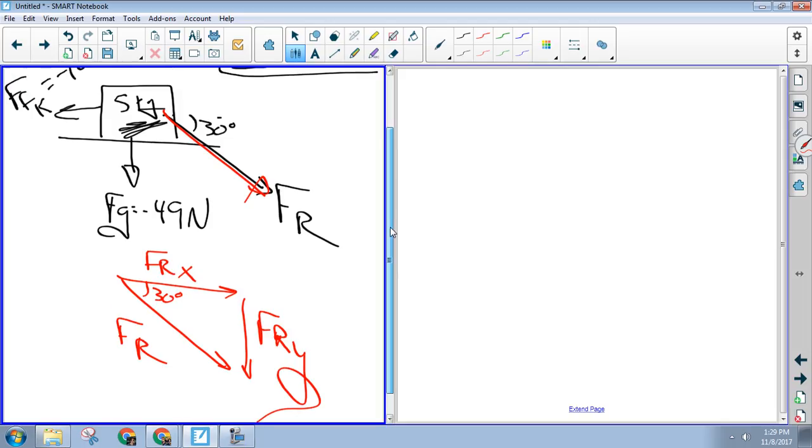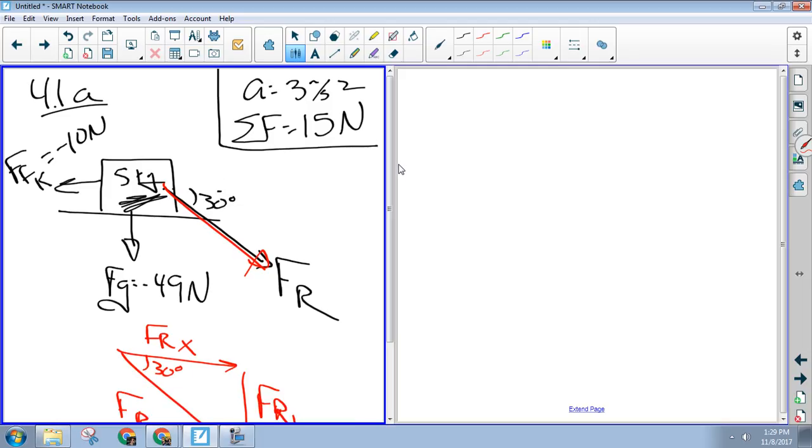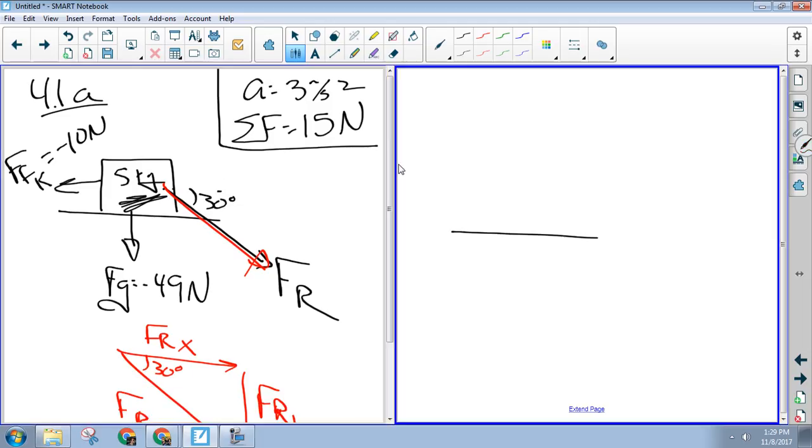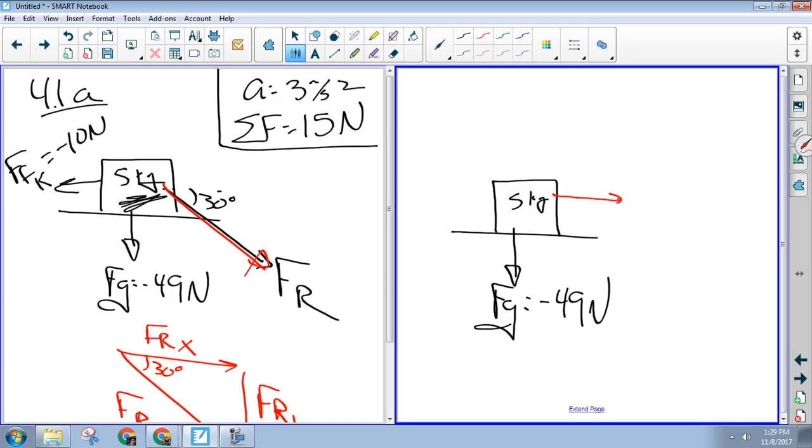So let's go over here and make a new free body diagram. So here's my box, 5 kilograms. Gravity's good because that's vertical, so that lies along my coordinates. I'm going to replace this slanty one with the 2 components. So here's the force of Roy in the x direction. Here's the force of Roy in the y direction.